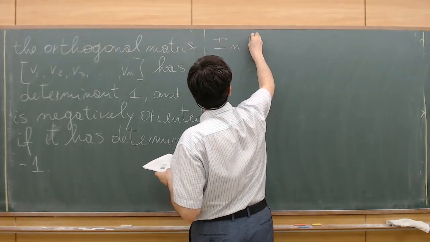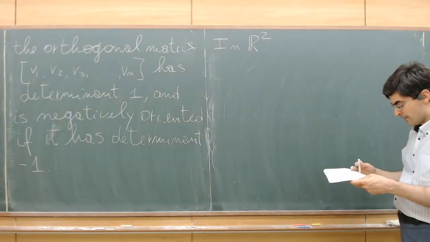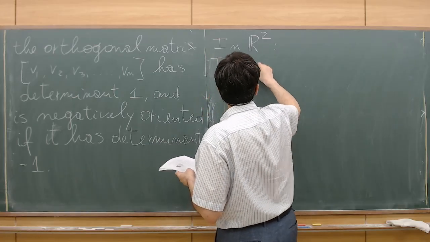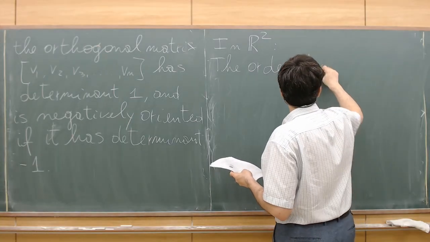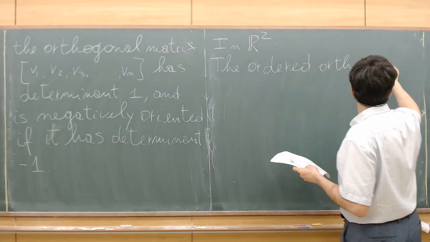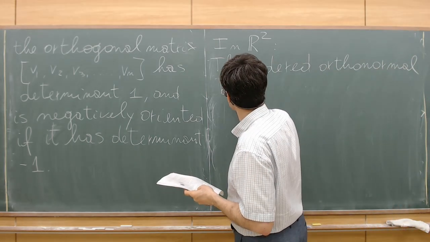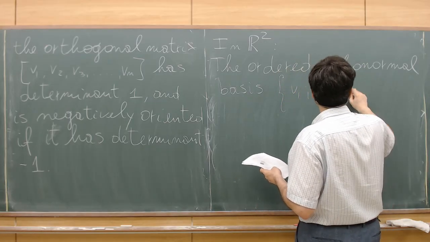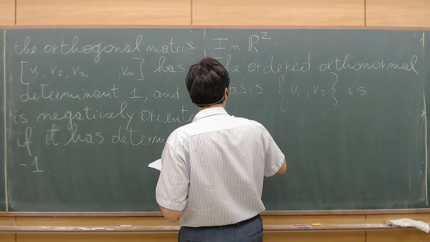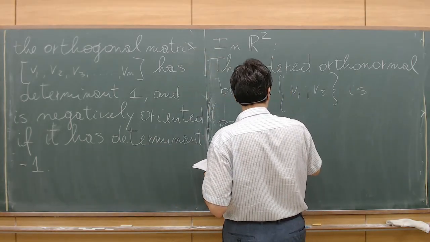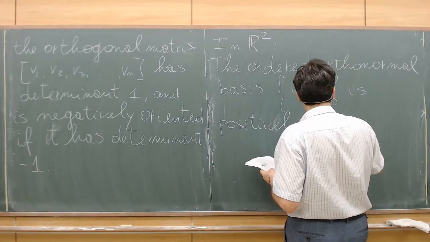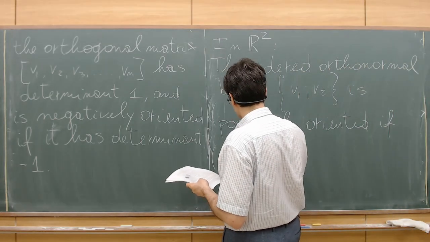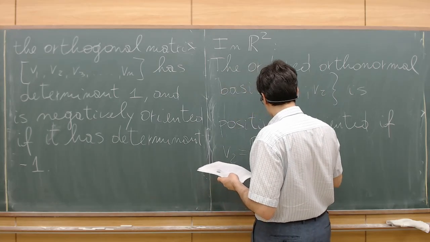So in R2, the ordered orthonormal basis V1, V2 is positively oriented if V2 is R90 V1.